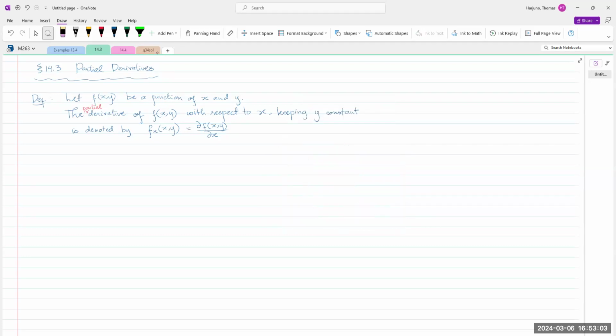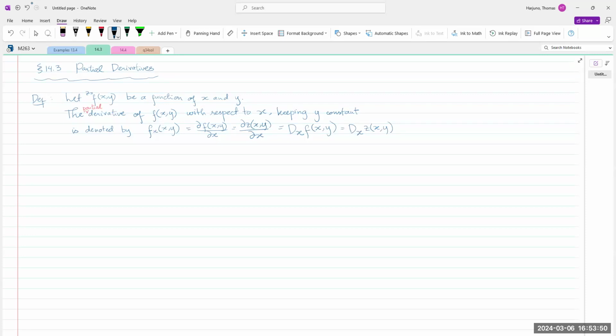Another one is, suppose we denote this function of x and y by z, then we can also call this dou z of x, y, dou x. We can also write this as D subscript x of f of x, y. Of course, we can also write this as D x, capital D, of z of x, y.